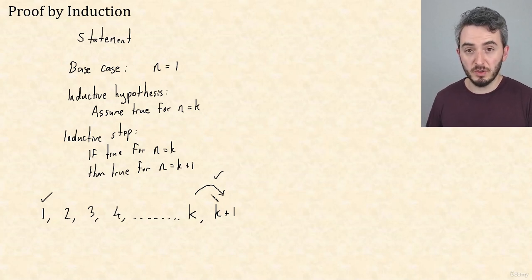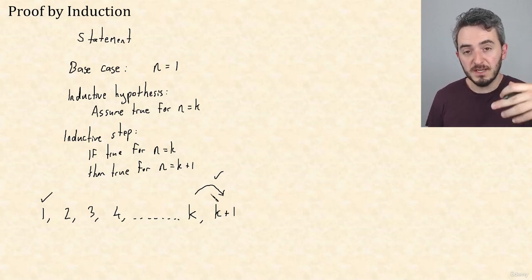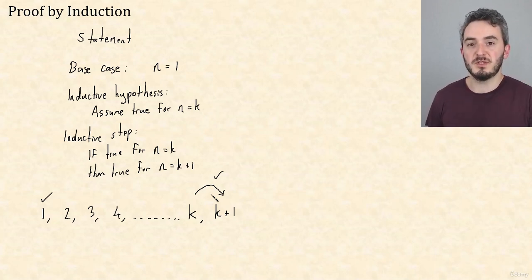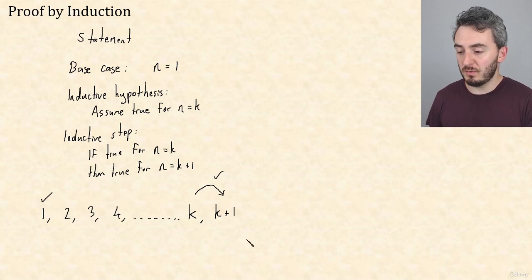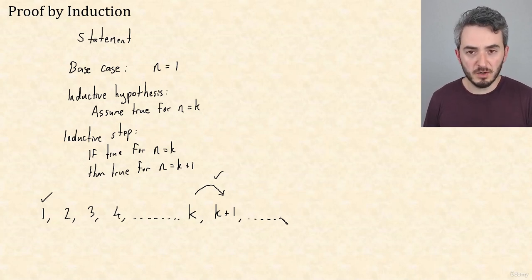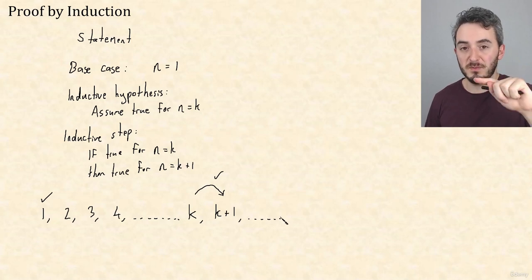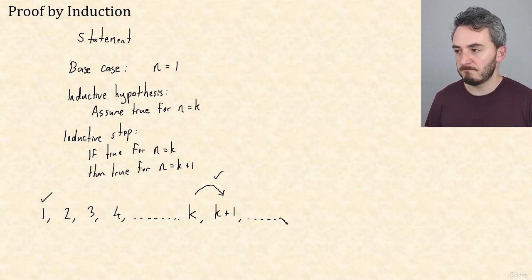Well, you've got a starting point, n equals 1, and then you've shown that if it's true for any number, for example 1, then it's true for the next number 2. And because you've shown that if it's true for any number, it's true for the next number, it must be true for 3. And if it's true for 3, it must be true for 4. And so on, and what we end up with is it being true for all natural numbers. People sometimes call it a domino effect: you prove it's true for the first domino, and you prove that if one domino falls over, they all fall over. So it's like tapping the first domino and they'll all fall.